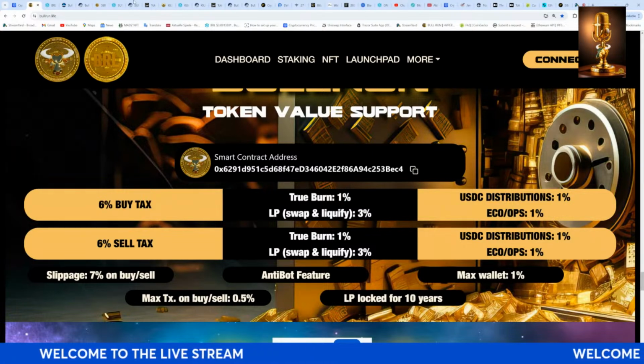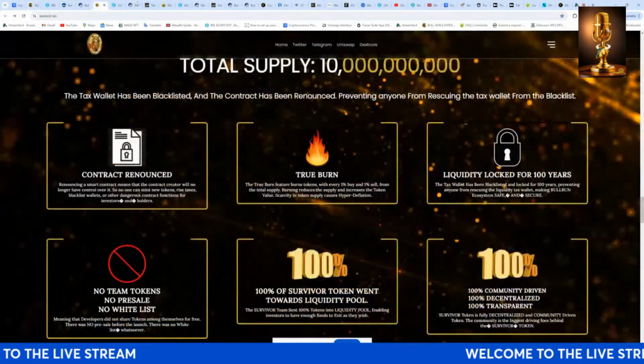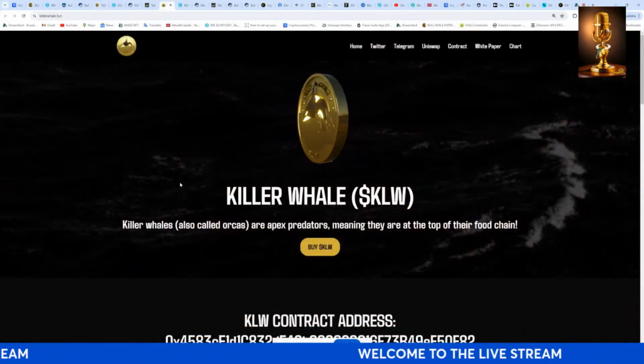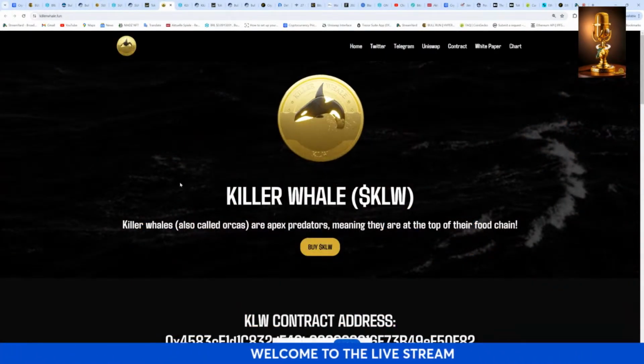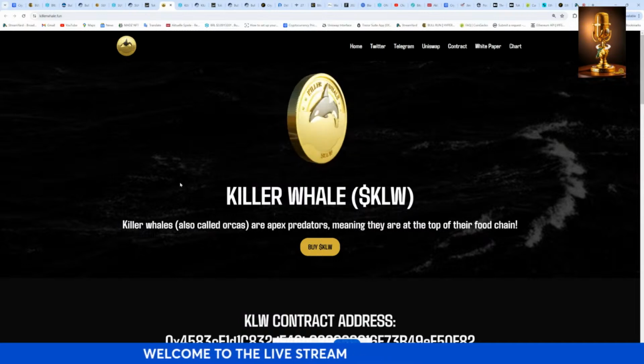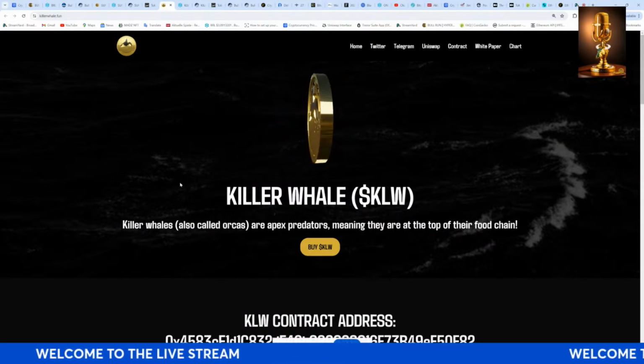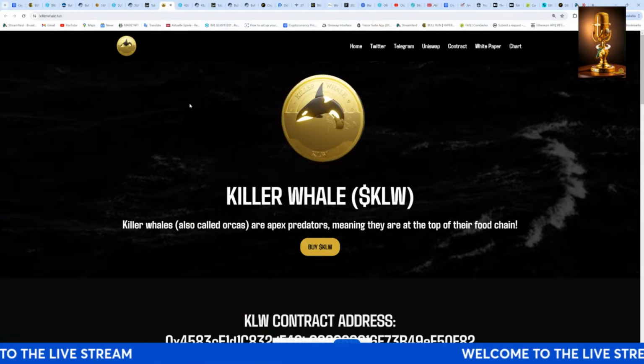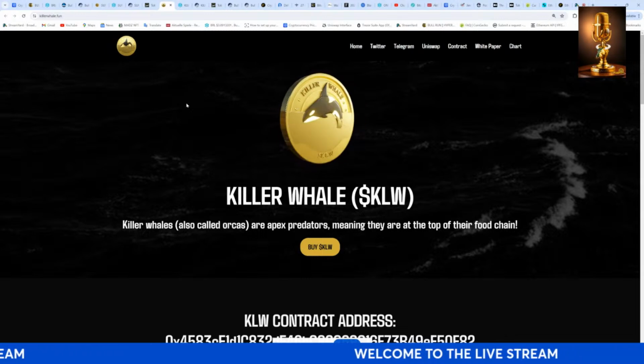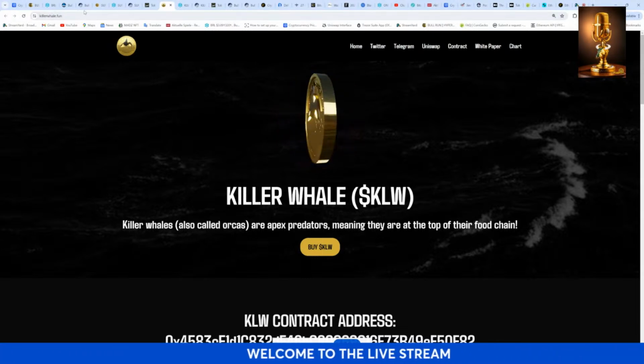So with Survivor and with Killer Whale, you saw how it does the opposite. It's deflationary because all of the tokens are in the liquidity pool. So it solves the inflation issue and the deflationary issue, and also it accumulates liquidity.